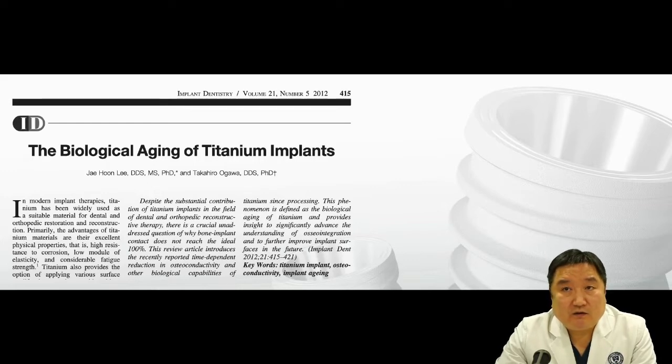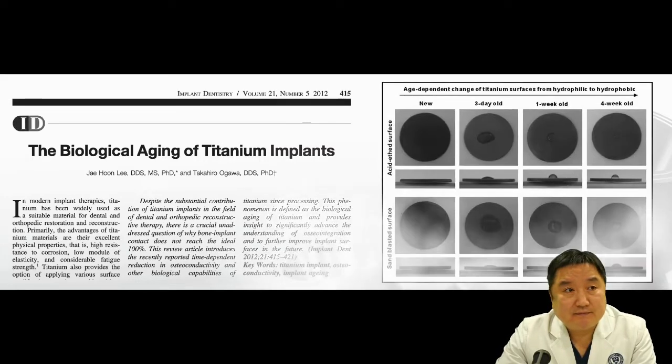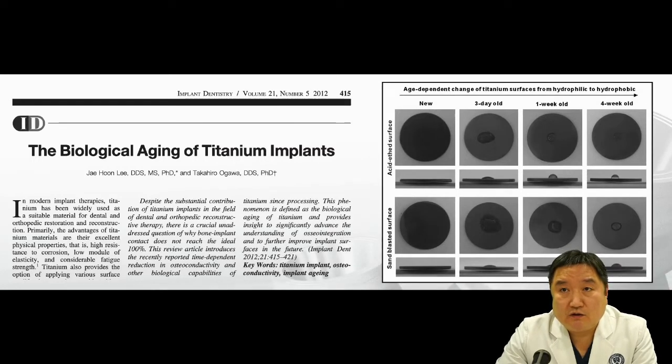The picture on the right-hand side showed the changes of wettability in the titanium surface, and you can see that as time goes by it becomes more and more hydrophobic. When you drop water on the surface of the titanium, you can see a more roundish droplet of water on the aged surface, which showed a higher contact angle with the surface.